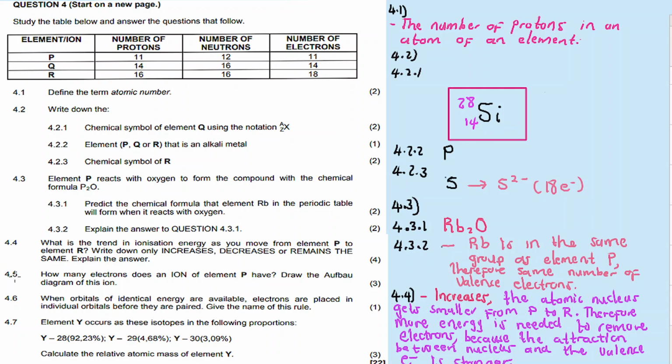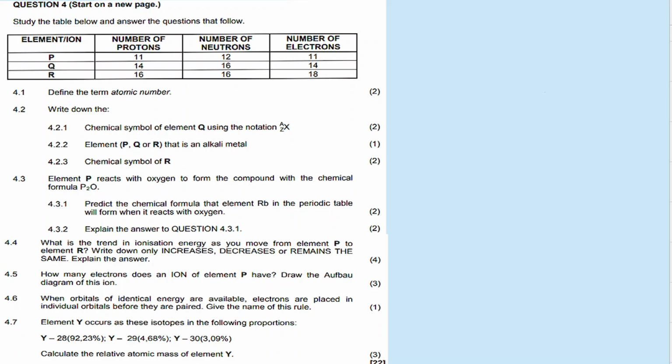4.5: let me erase this so that we can answer 4.5. How many electrons does an ion of element P have? Draw the Aufbau diagram of this ion, right?